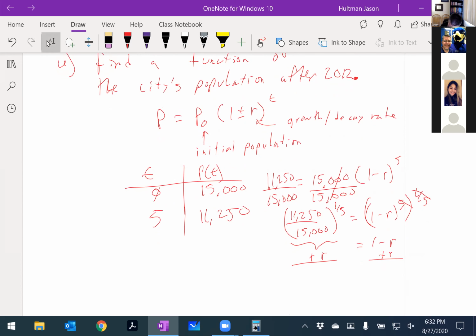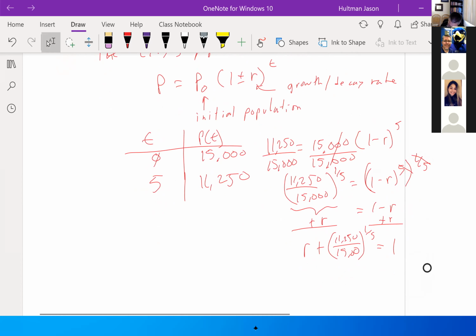But then what I want to do is take R plus this thing, this thing to the 1/5 power, 11,250 over 15,000, is equal to now 1.